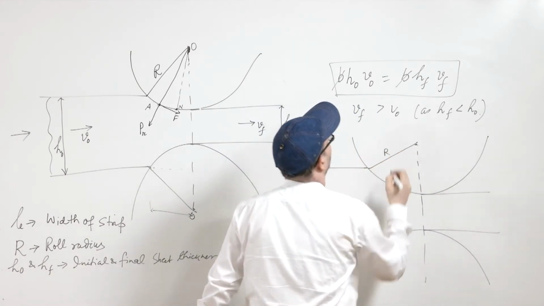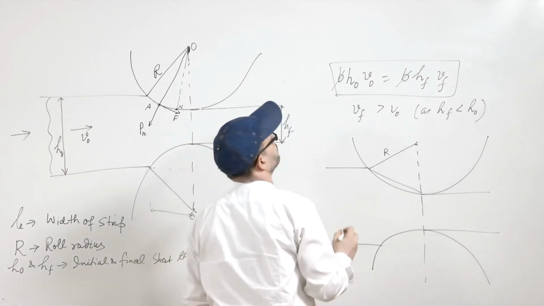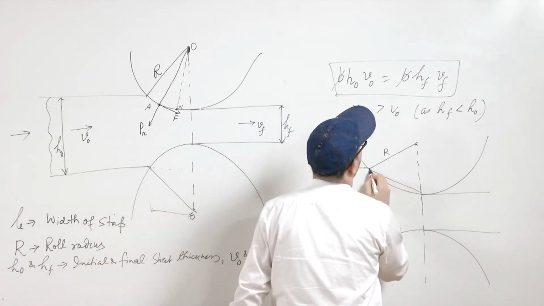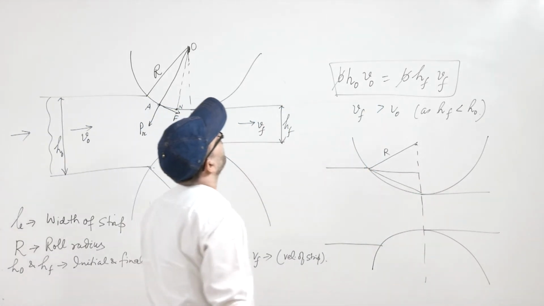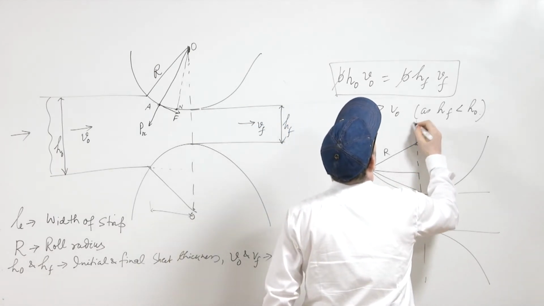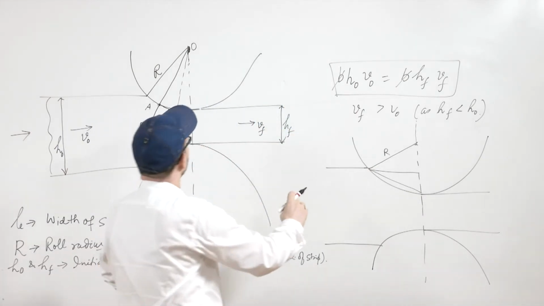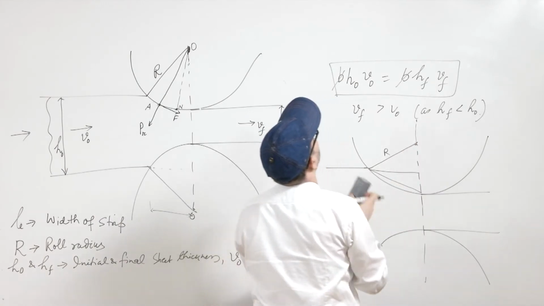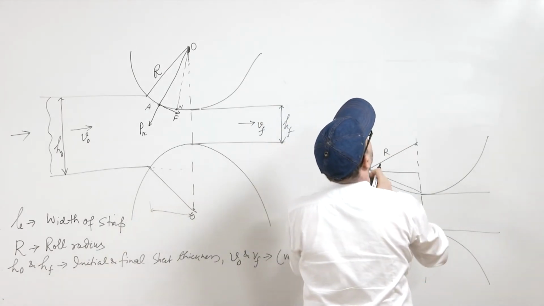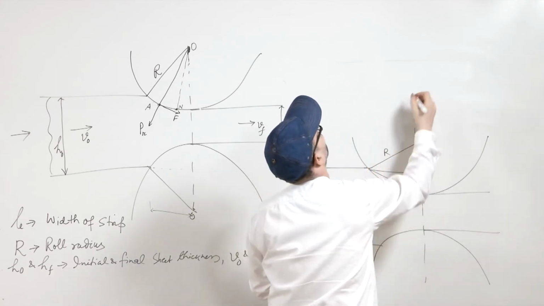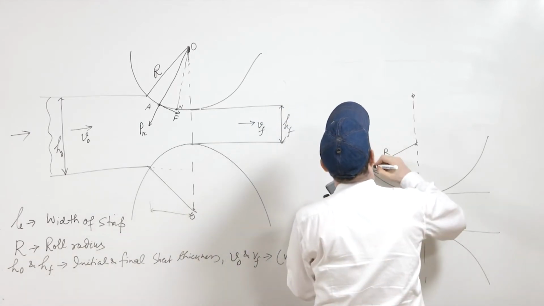Now you make a horizontal line, and if you further extend it, this is 2R. In the drawing, this is the final point which is on the periphery of the roll.